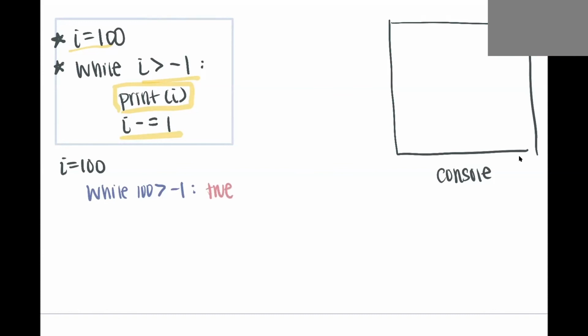Perfect. So this is true, which means we're going to go straight right here into our print statement. And it's going to print our current I value, which is 100. So 100 prints out, and then it will decrement I. So now I is no longer 100, I is going to be 99.